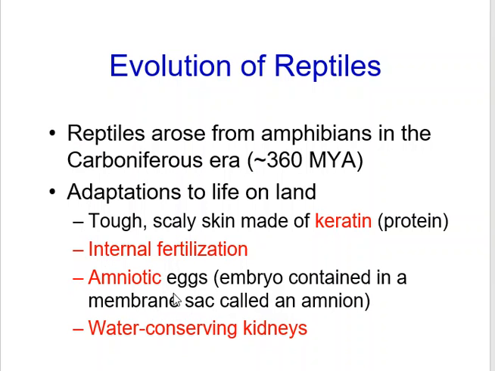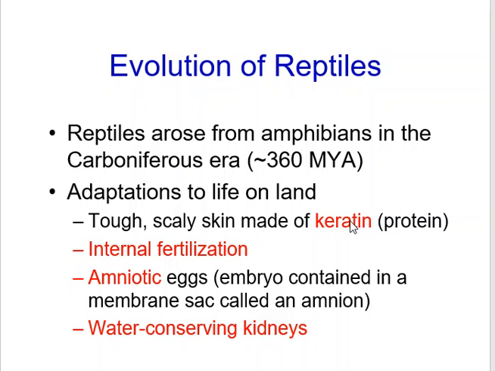So the amniotic egg, the shelled egg, is definitely the novelty that allows reptiles to move away from water. But there are also other characteristics that they evolve in parallel. For instance, a scaly skin. Scales are made of keratin, which is the same exact protein of which our hair is made.